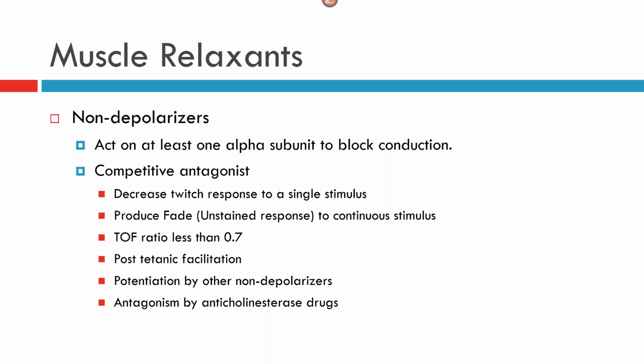They compete with acetylcholine to bind to the receptors, and they decrease the twitch response to a single stimulus. It produces a fade, so there will always be a fade when you're using a non-depolarizer. The train of four ratio will be less than 0.7.